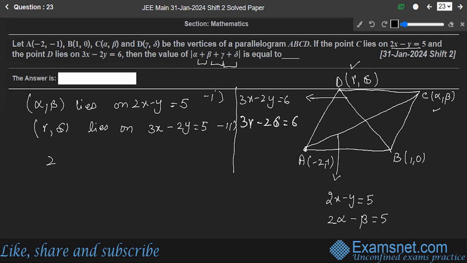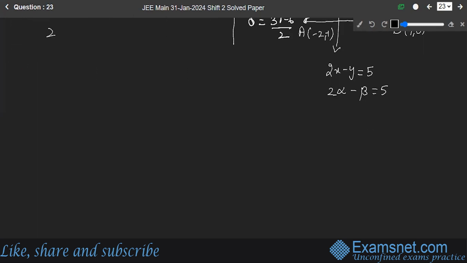From here, you will have the value of delta as 3 gamma minus 6 upon 2. And from this equation, you have the value of beta as 2 alpha minus 5. Let's write it over here. Delta was equal to 3 gamma minus 6 upon 2 and beta was equal to 2 alpha minus 5.